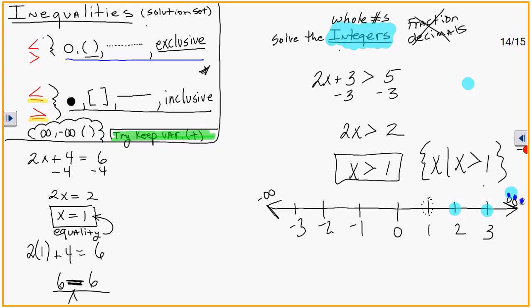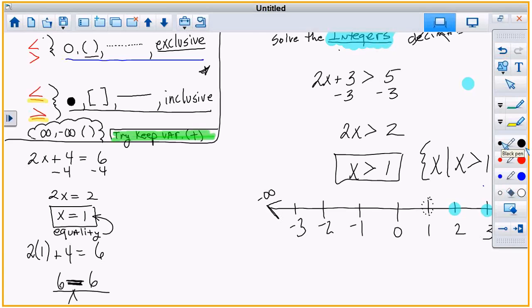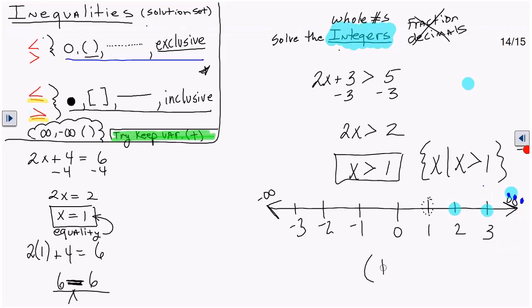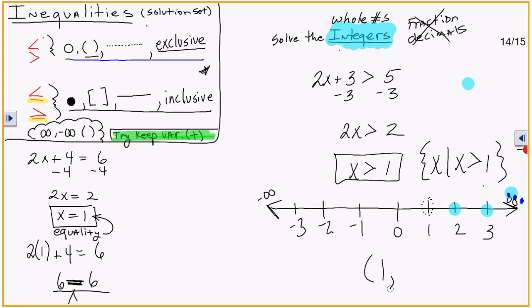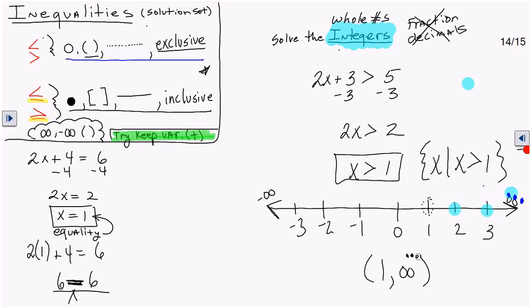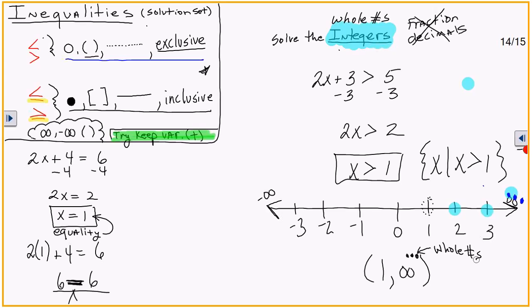And your interval notation would be 1 to infinity, close, and you would put 3 dots right here, and those 3 dots mean whole numbers. So it does not include what's in the middle, it just includes the whole numbers.